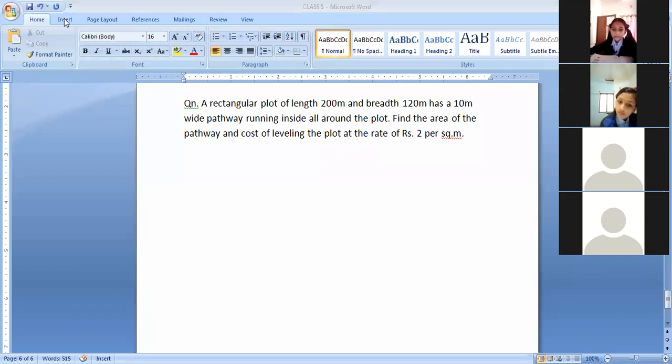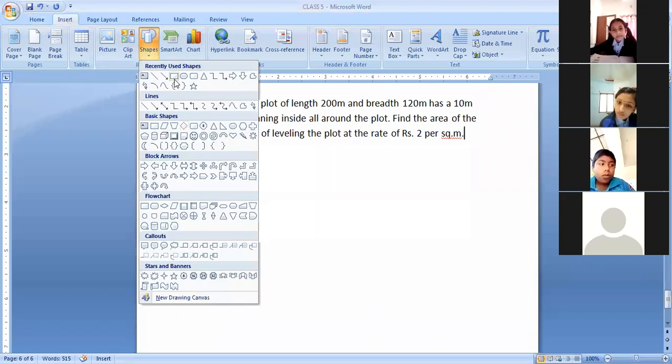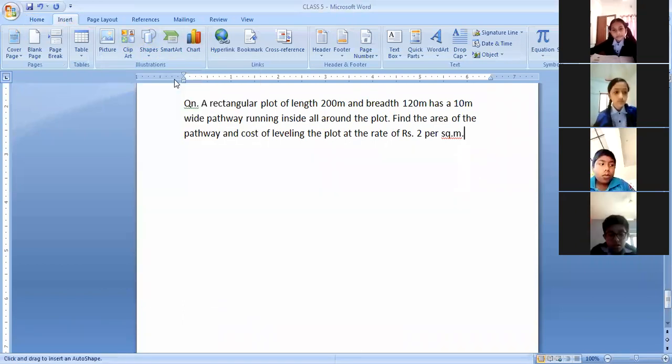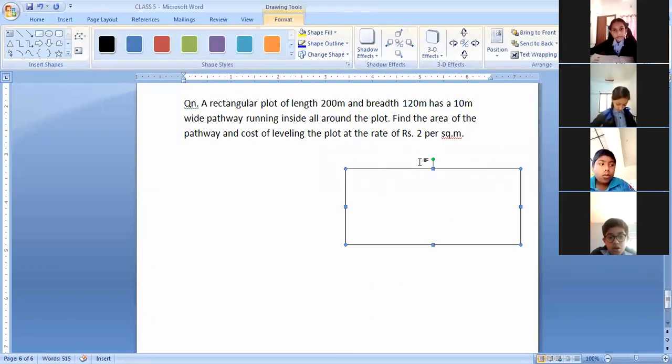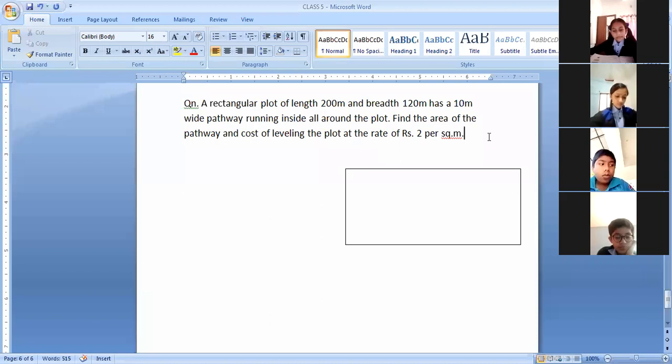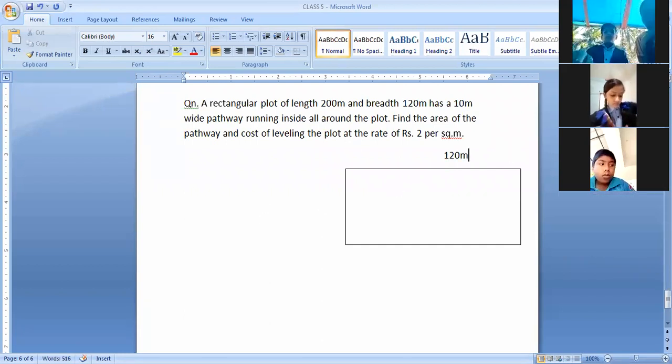So next step, once you understand that, we can draw the rectangular plot. Oh, we have only 10 minutes time. So this is a rectangular plot and we know its length and breadth, right? Okay, then what is the next idea that you get from this question? 10 meter wide.